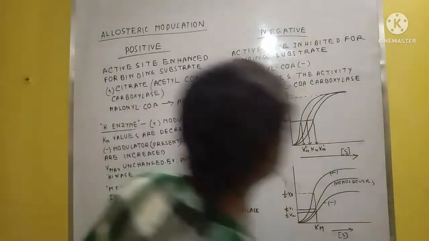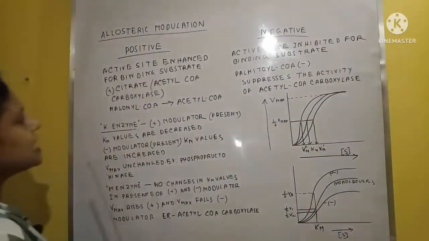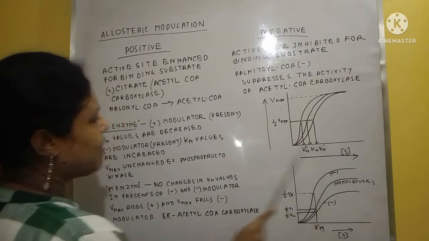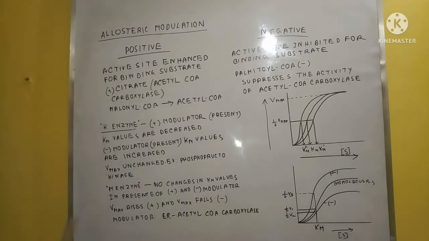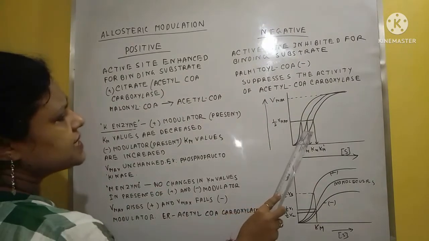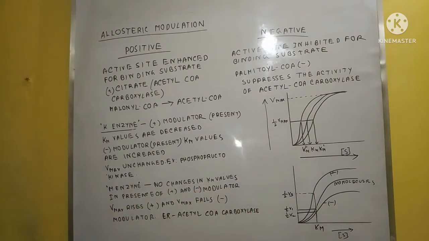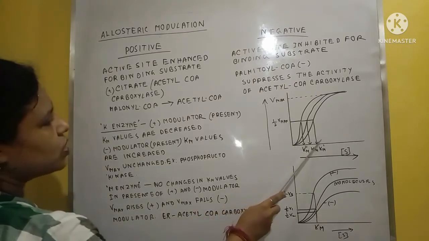In case of K enzyme, you see that the Km value increases when the modulator is negative. Okay, when the modulator is negative, then the Km value increases. But when the modulator is positive, you see that the Km value decreases.